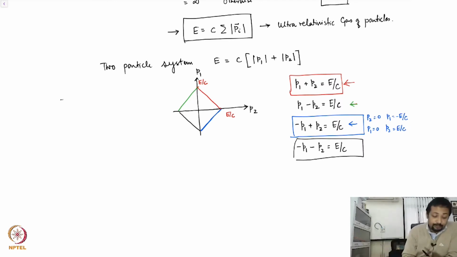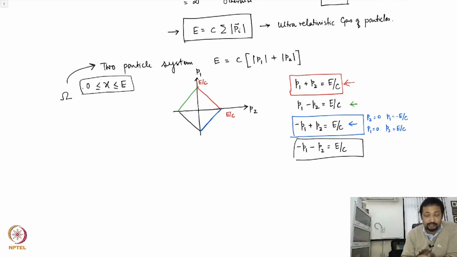So the total number of microstates, omega, for this two-particle system, when the energy is greater than or equal to 0 and less than or equal to E, we will just write down over here, even though this is a two-particle system, and we have learned that we can replace the surface area by the volume only in the thermodynamic limit, but let's just consider this for the time being.